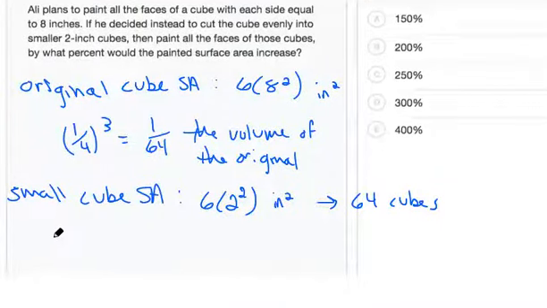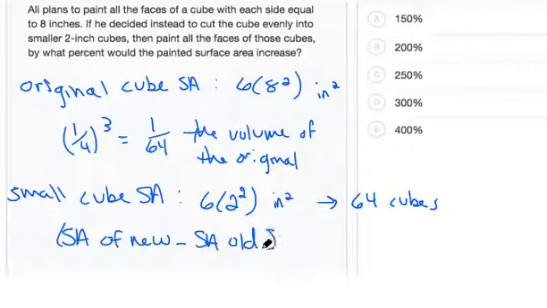So we have that our ratio is going to be our surface area of the new cubes minus the surface area of the old cubes divided by our surface area of the old cubes.